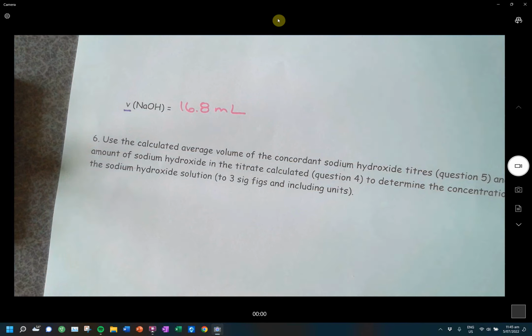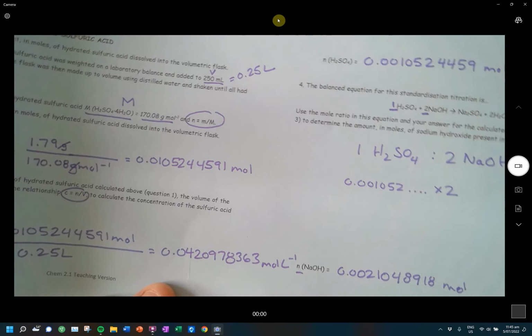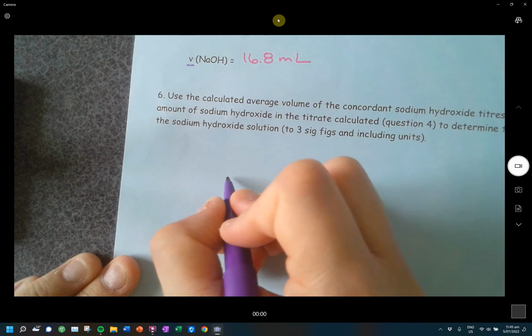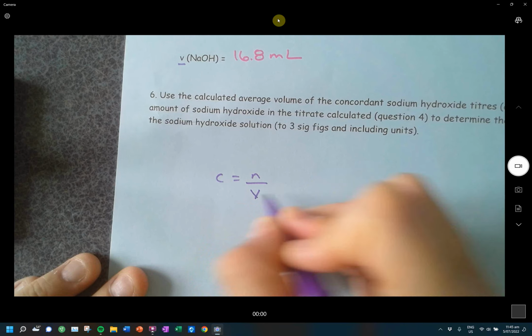So this here is your volume. On the previous page, you have your amount. So concentration is equal to the moles divided by the volume.